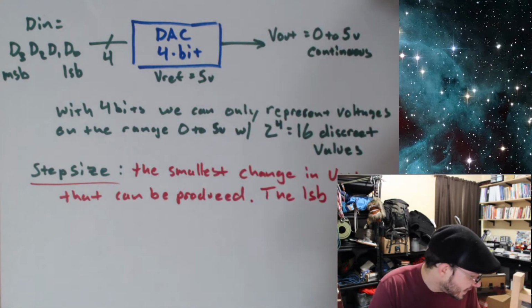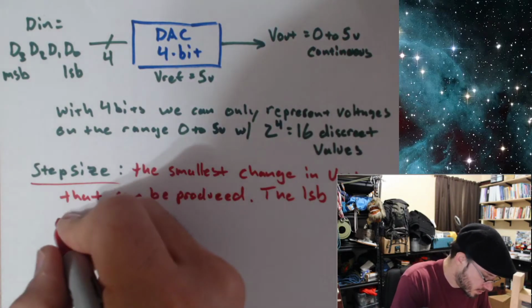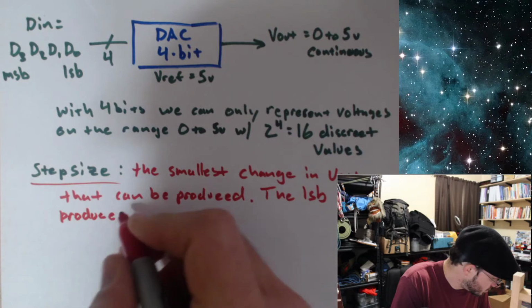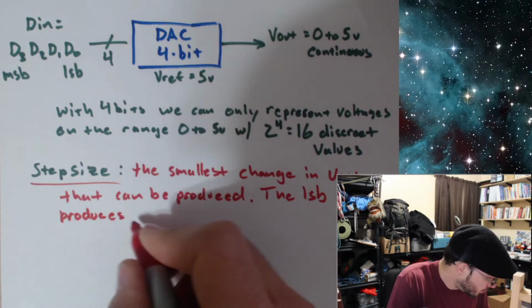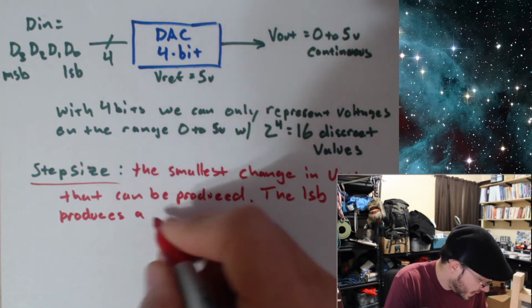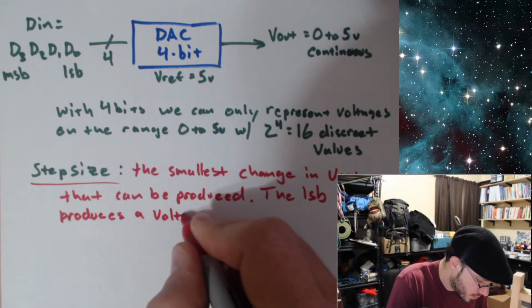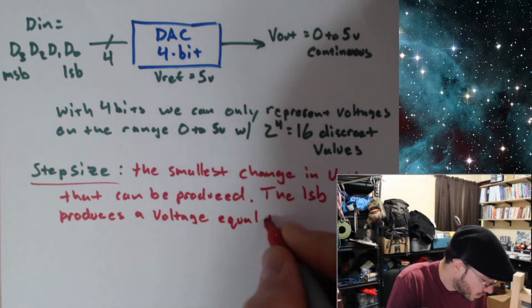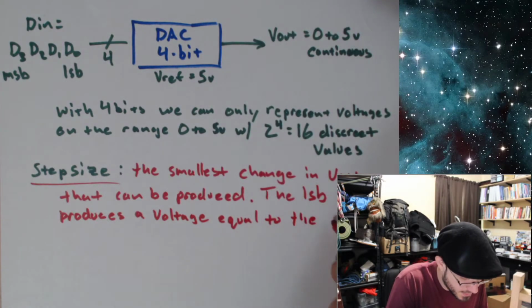So I can say that LSB produces a voltage change equal to the step size.